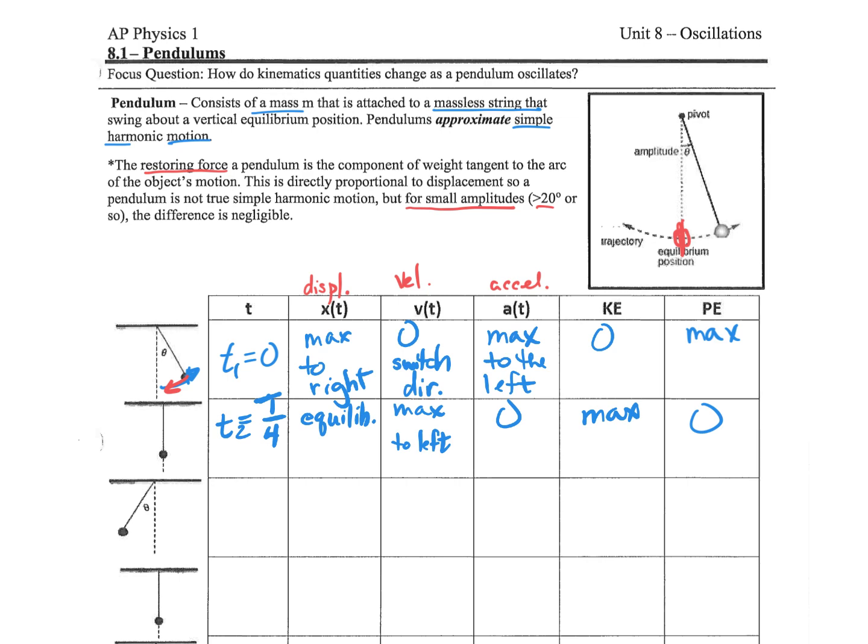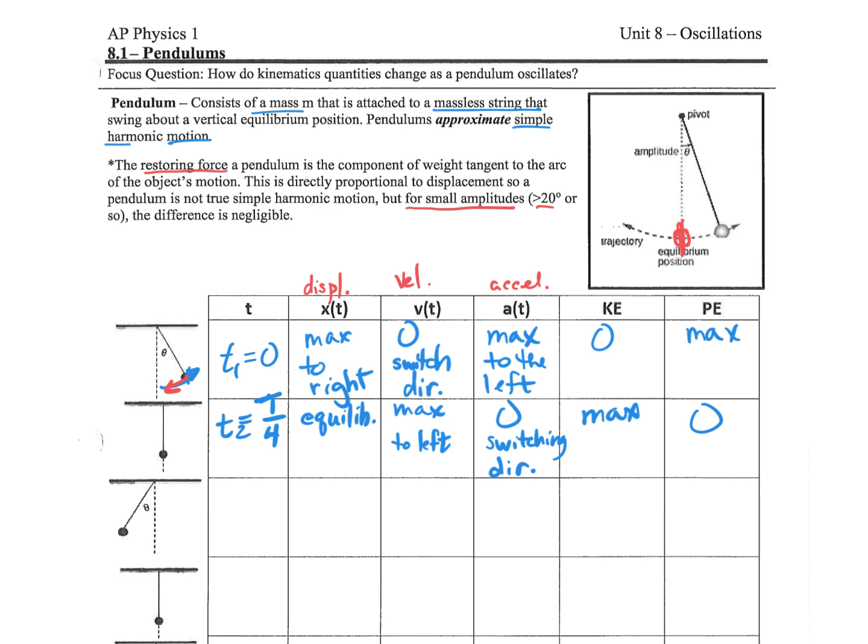Now it's going to the right, it goes back straight up, and then it goes to the left. So what's happening to the acceleration vector at that exact moment? It's changing from one direction to the other, isn't it? So anytime something is at 0, typically it means that it is switching directions. Does that make sense?